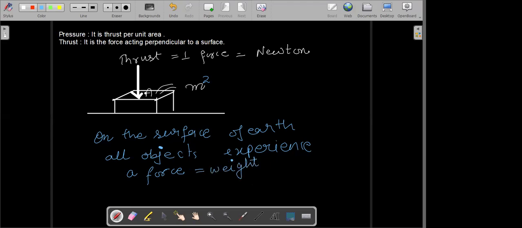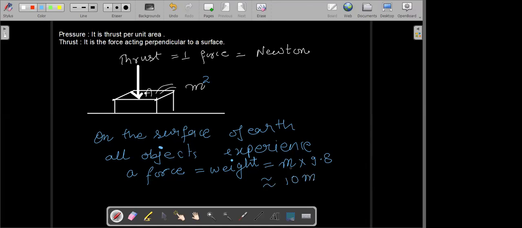On the surface of the earth, all the objects which lie over there experience a force which will be equal to their weight, and their weight will be measured as mass multiplied by 9.8, which is acceleration due to gravity. For simplification, this can approximately be taken to be 10 times their mass.